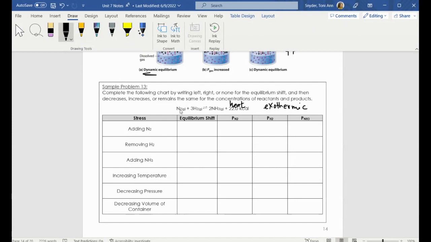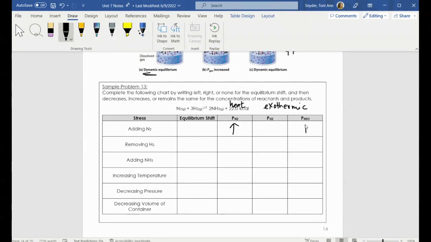Let's say I add more nitrogen to this system. So my partial pressure of nitrogen is going up if I'm adding nitrogen. If I'm adding more nitrogen to this system, well, I have to produce more product, right? If there's more reactant that's there, it's going to force the reaction to go towards the products.